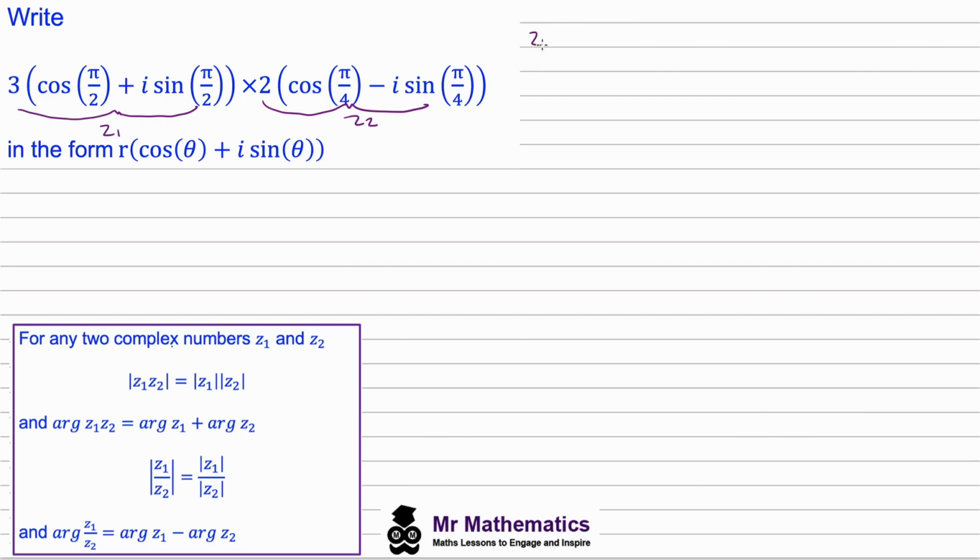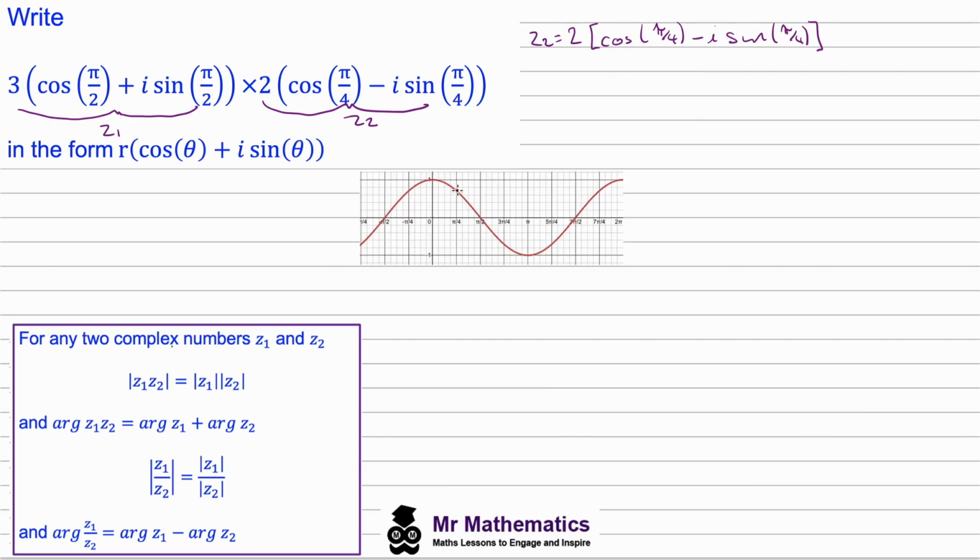If we say that Z2 is equal to 2 cos of pi over 4 minus i sine of pi over 4, we need to look at what's happening with this argument and how we can use it to change this negative into a positive. If we start by looking at the cos graph, we have the cos of pi over 4, which is about here.